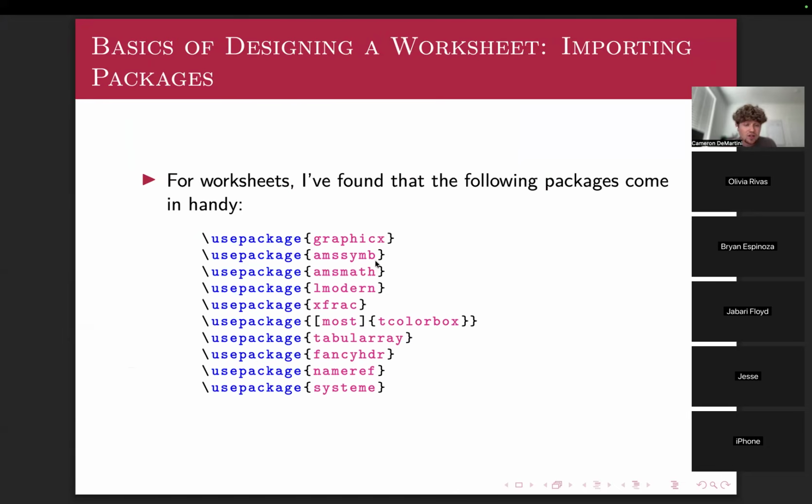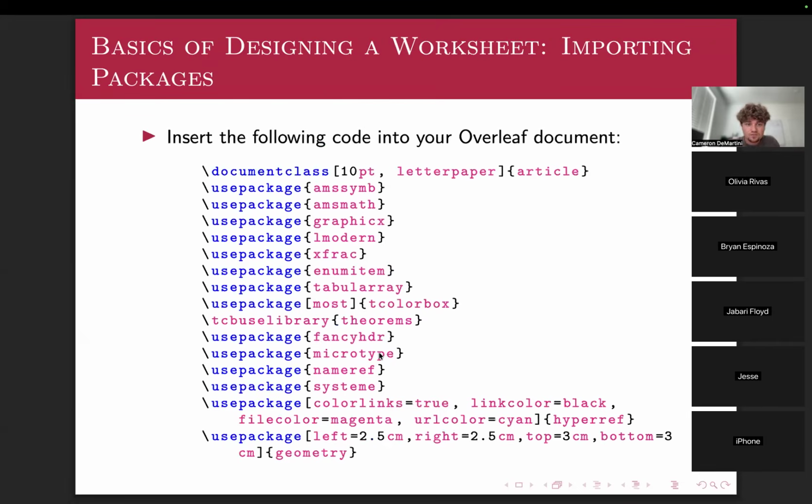If you have any questions about what each of these do, to be honest, I don't know what the L modern one does because I don't use it, but I think it's a default one that the others depend on, as far as I recall. But the rest of them are pretty useful. But yeah, packages in summary: library code that somebody else made that you can utilize for your project.